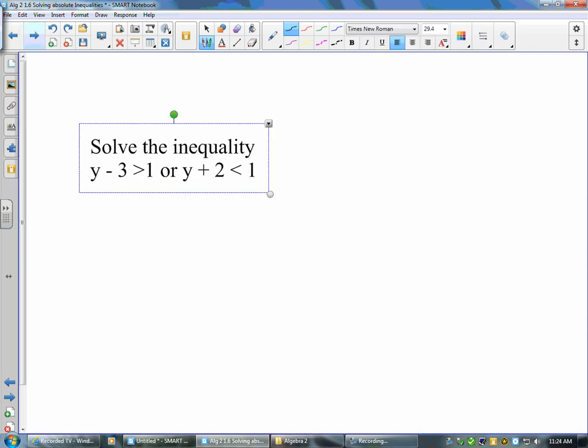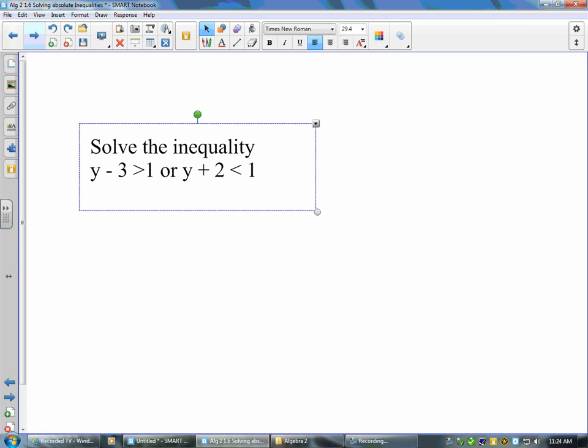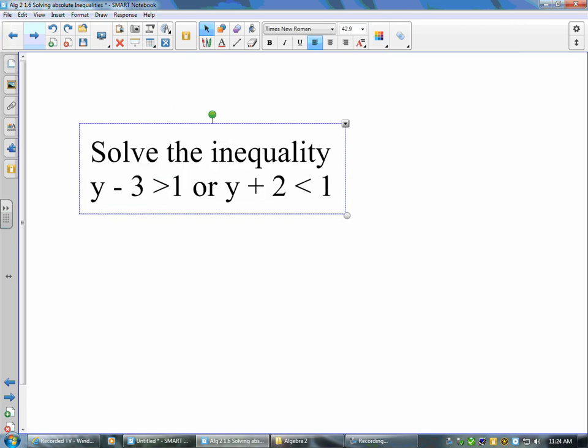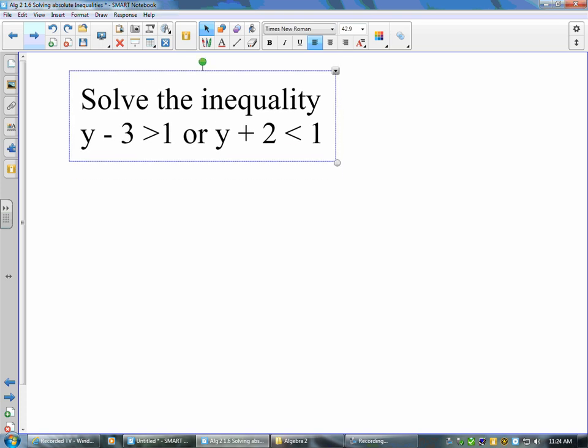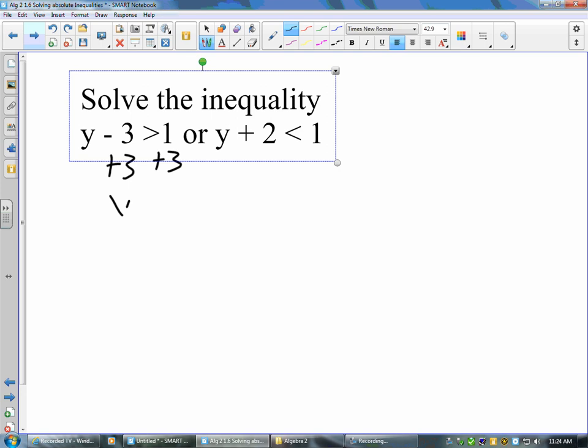If they don't give you an absolute value, and they just give you two different inequalities, that's okay. Solve them just as they are. So y minus 3, let's add 3 to both sides, and y will be greater than 4, or, and then come over to this one and solve that one.